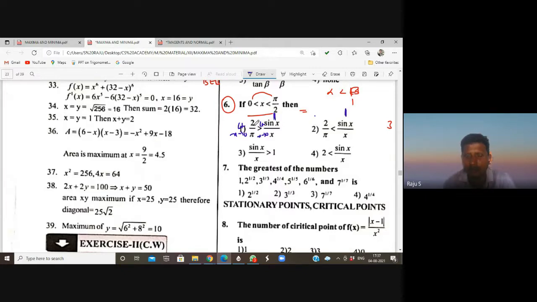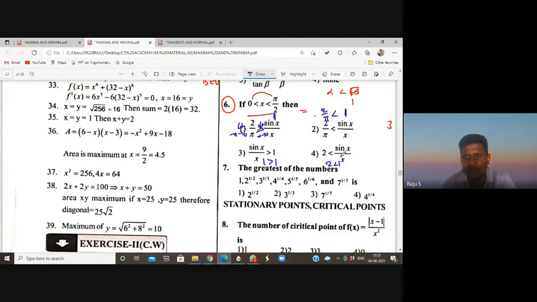What is limit x tends to 0 of 2 by pi? Limit x tends to 0, 2 by pi. 2 by pi only, because it is a constant. So 2 by pi is lesser than 1 or greater than 1? 2 by pi is lesser than 1.